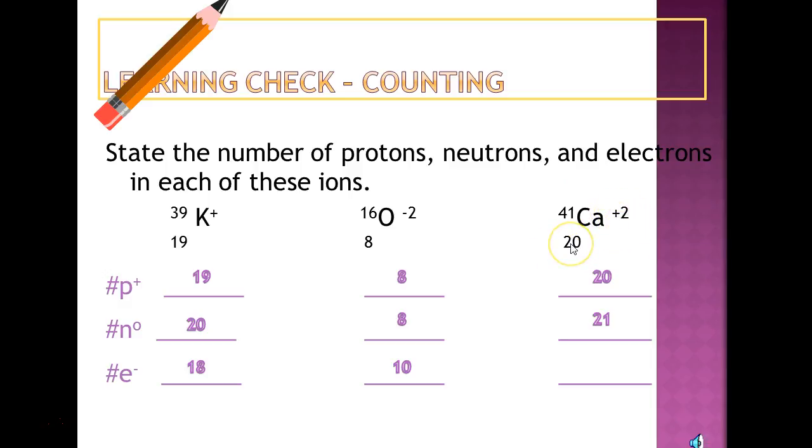So we have 20 protons, and from this symbol we know that we have 2 more protons than we do electrons. So if you got 18 electrons, then you would be correct.